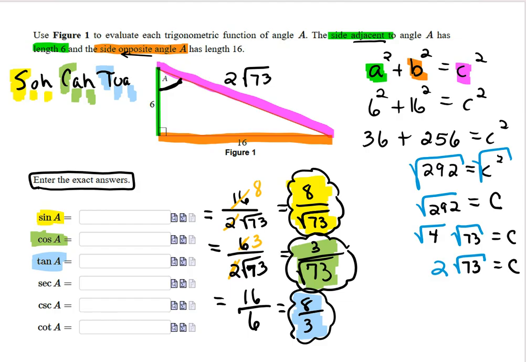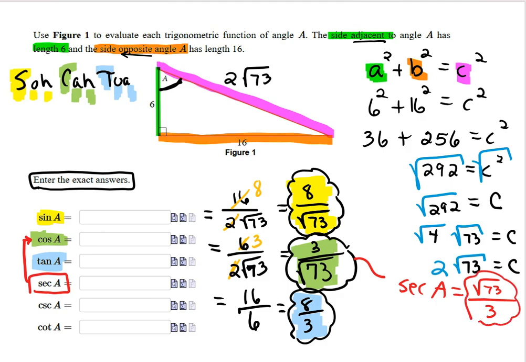And now for the rest of these, those would be the reciprocals. You just have to remember how they pair up. Secant goes with the cosine. So I take the cosine, and to get the secant of A, it's just going to be the reciprocal of that. So it will be the square root of 73 over 3.